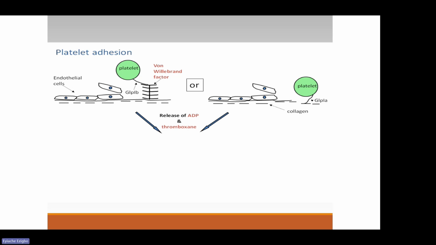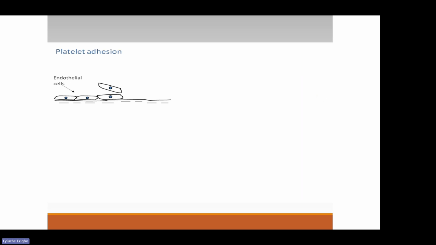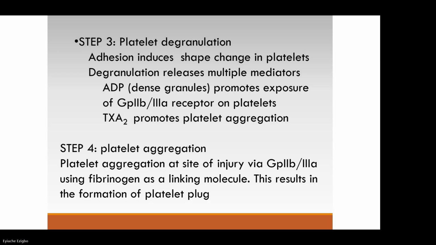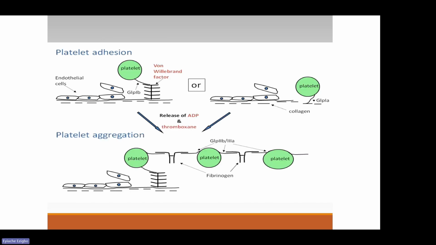Okay. So when that happens, the thromboxane and the ADP that are being released will result in platelets expressing another receptor. You can see it here, the glycoprotein 2b3a receptor.